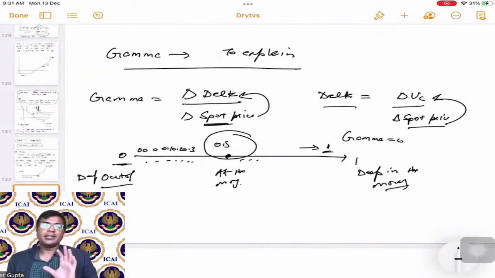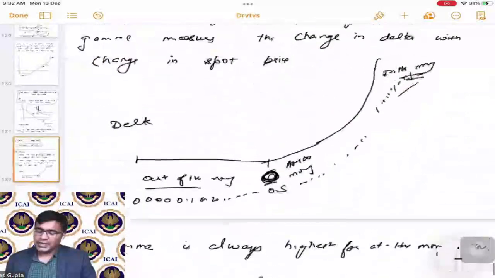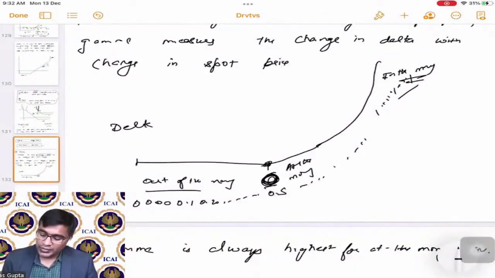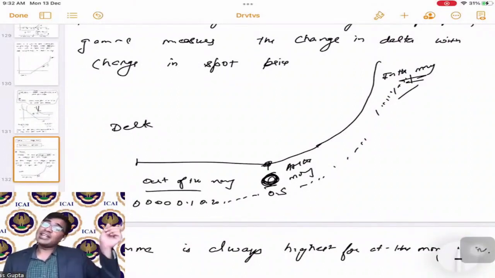Okay, Ambika and Namita, please go through the entire thing that we have discussed and just try to think that we are talking about the change in delta here, not the change in call option or a put option. Because the change in call option and put option we have covered in delta. But gamma, we are covering the change in delta itself.